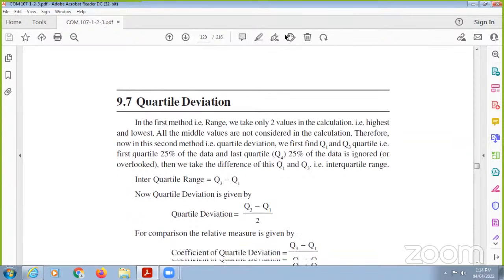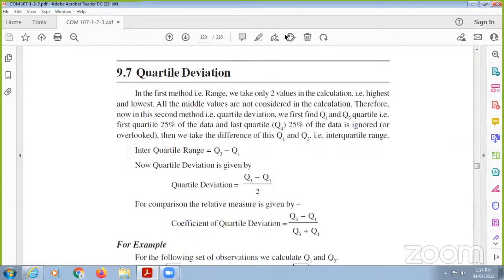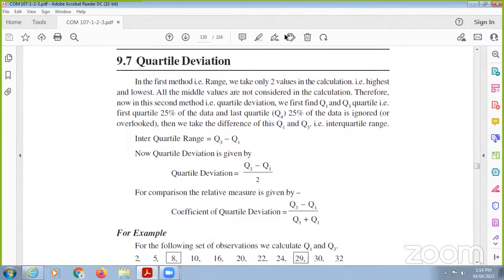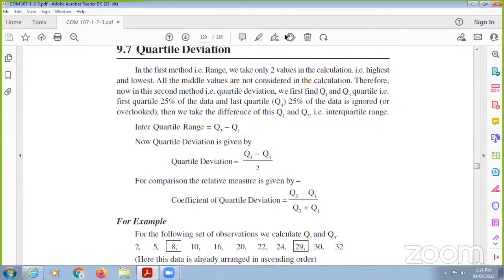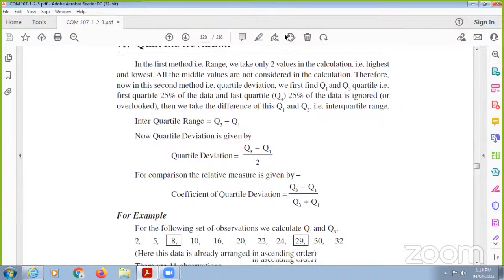Now here is a given example. For the following set of observations, we calculate quartile 3 and quartile 1: 2, 5, 8, 10, 16, 20, 22, 24, 29, 30 and 32. Here the number of observations is 11. For quartile 1, the formula is n plus 1 upon 4.